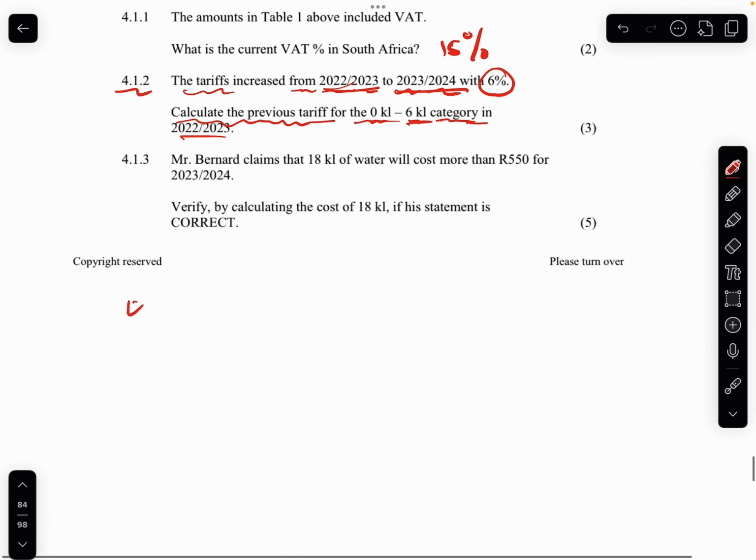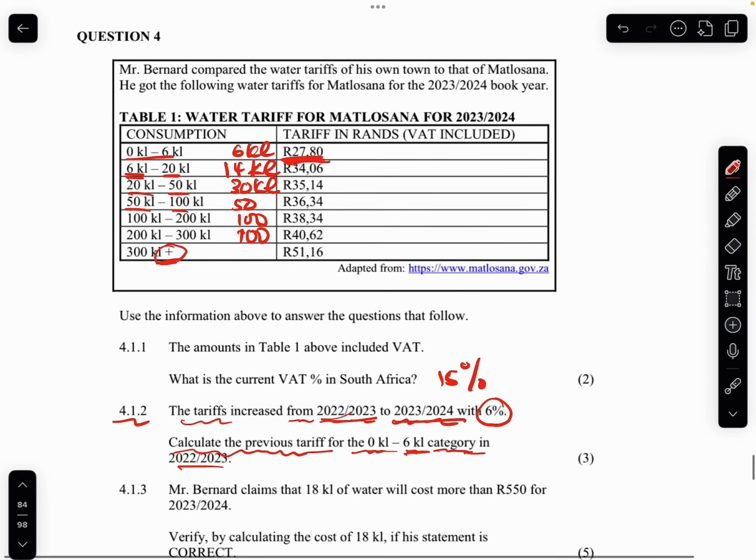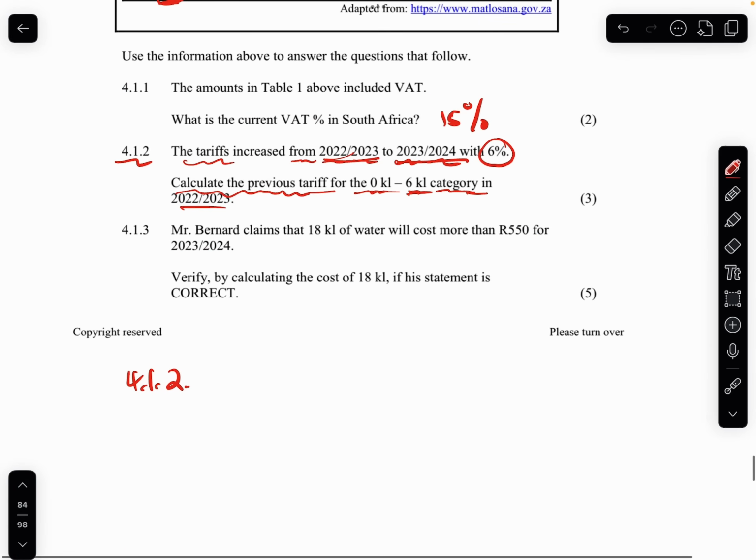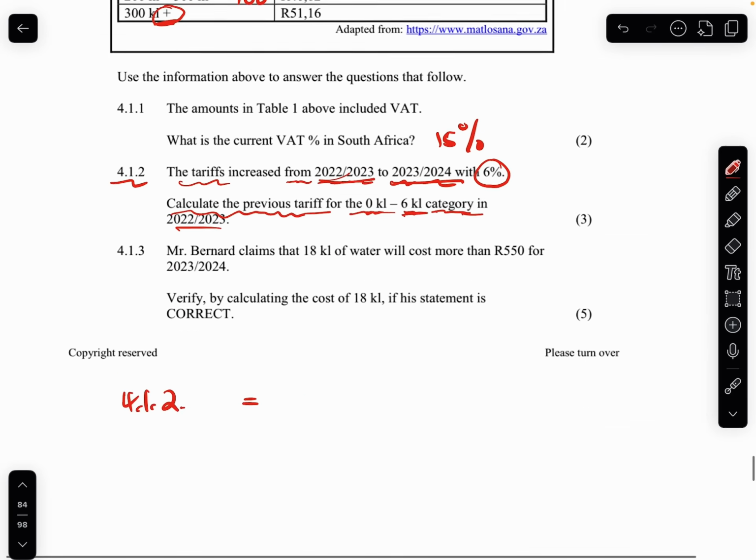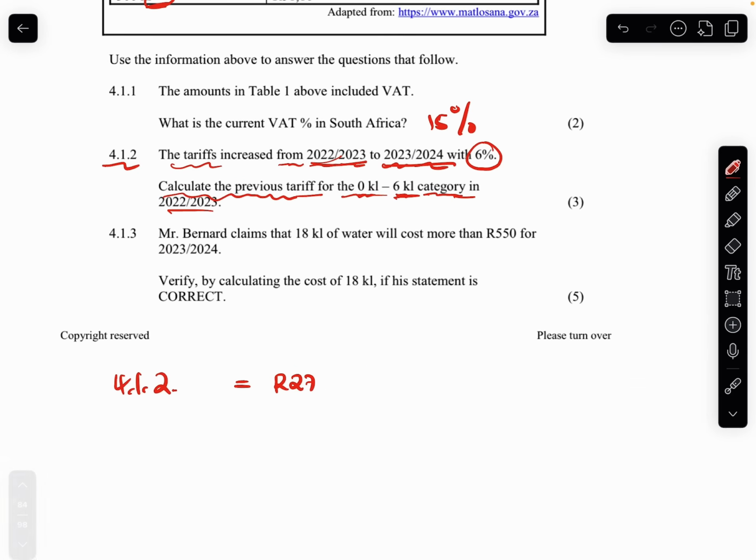So what do we do? 4.1.2. We are going to remove the 6% from this amount. The 0 to 6 is that amount, 27 rand 80.